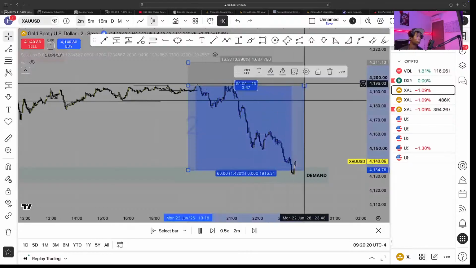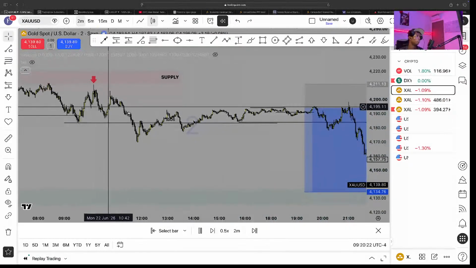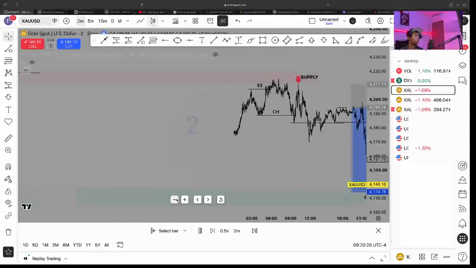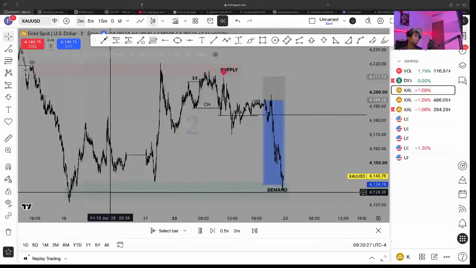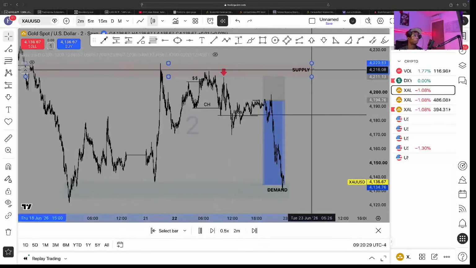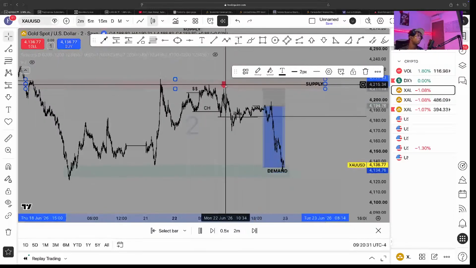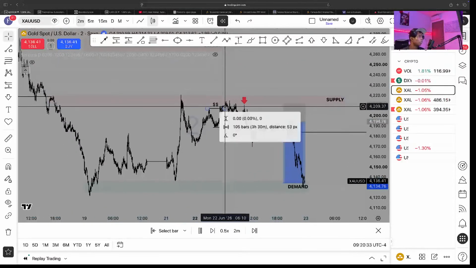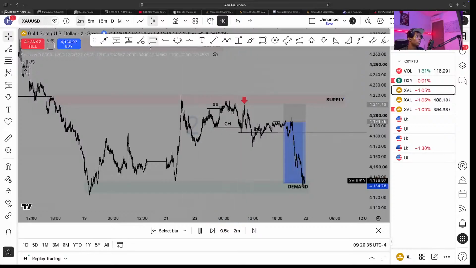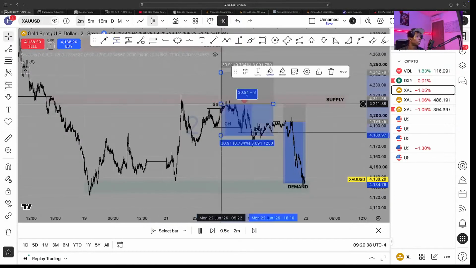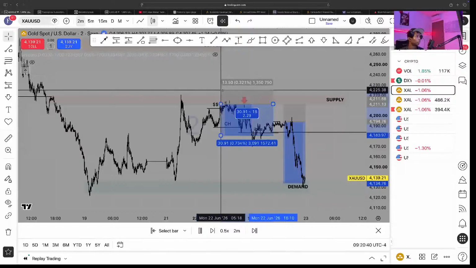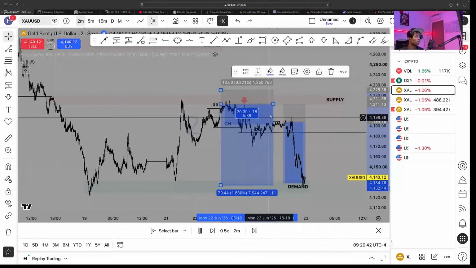So you see, we just took this trade from the supply back to demand. So that's how to trade from demand to supply, from supply to demand. Some people always go in immediately when price taps into their supply, and they will target the demand zone.